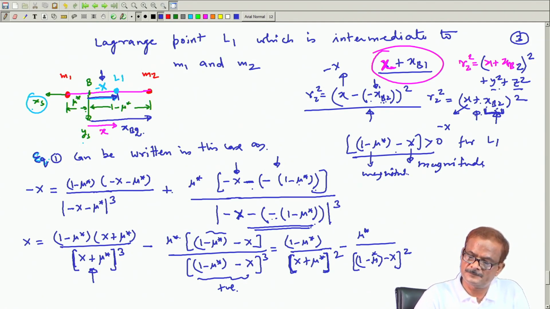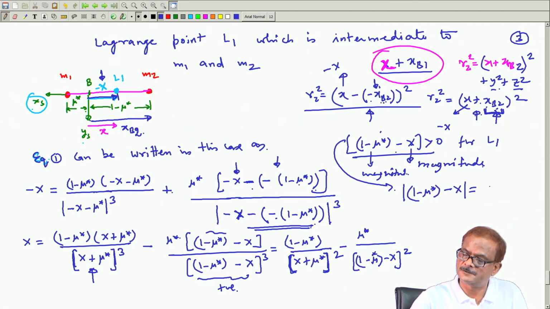So, this quantity, mod of 1 minus mu star minus x, will be equal to 1 minus mu star minus x, and this is what we have followed here in this place.